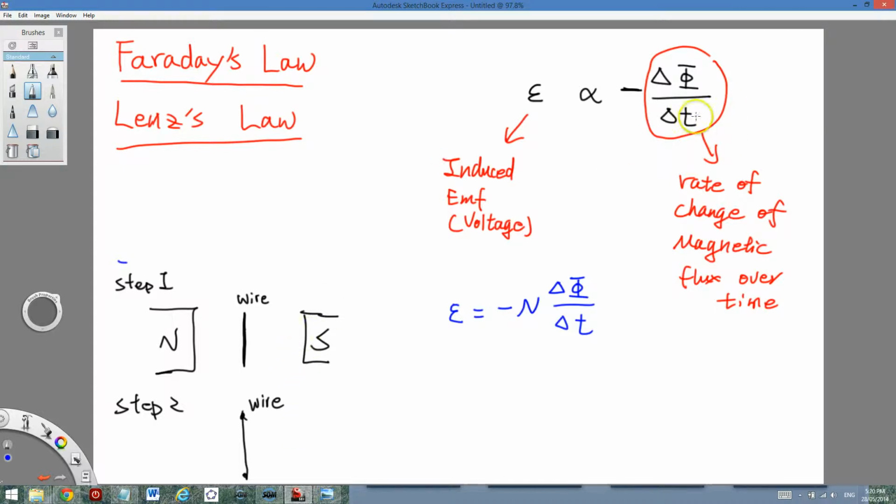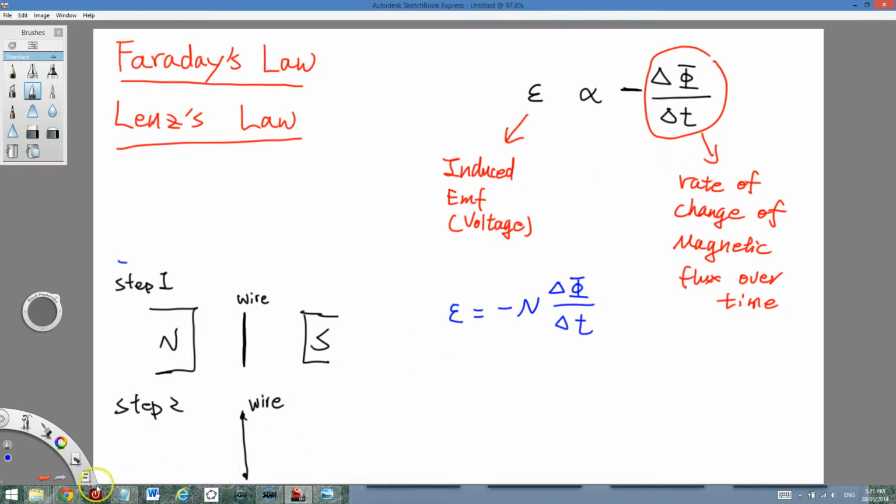If I make the magnet disappear quickly, the rate of change of magnetic flux over time would increase, thus the voltage would increase. If I make those magnets disappear slowly, the rate of change of magnetic flux over time would decrease, thus there will be a low voltage.